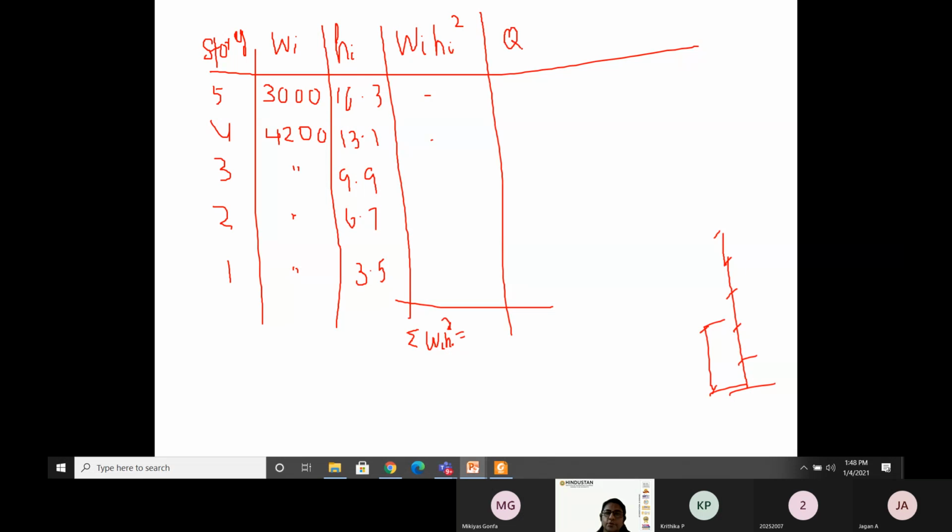Now Q is equal to VB, the base shear, into Wi Hi square divided by sigma of Wi Hi square. Okay, so this is the distribution of lateral force. You multiply 3000 with 16.3 square. Each one you write, sum it up. Q is equal to base shear multiplied by this term divided by the sum.